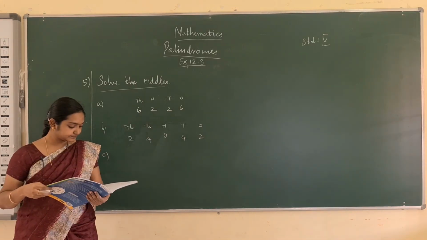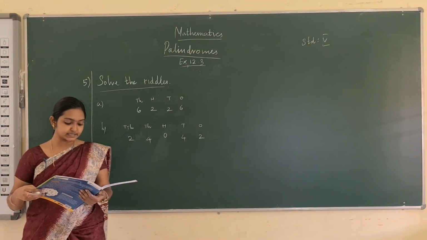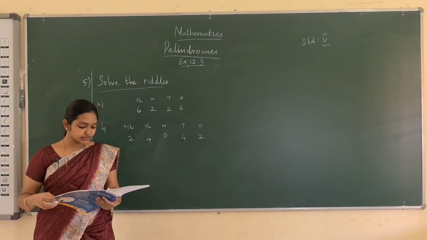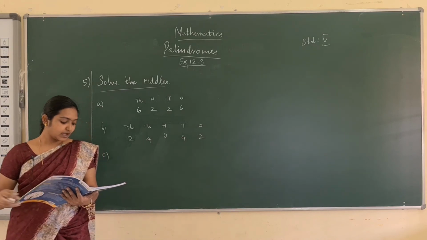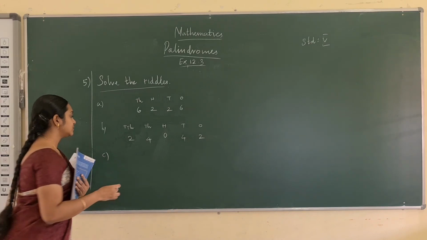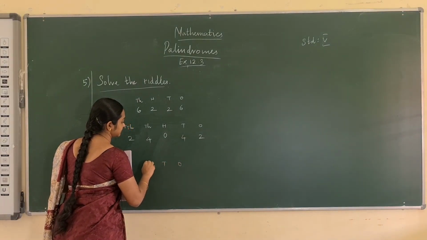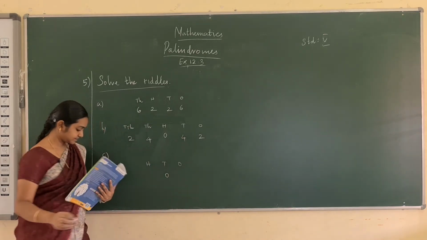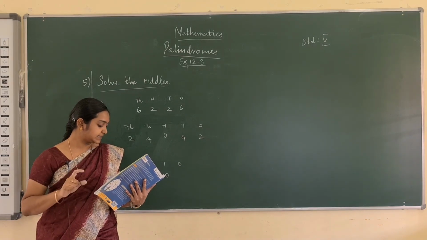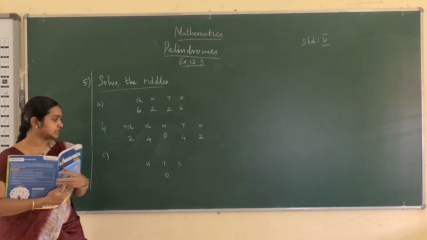Next C problem. I am a 3-digit palindrome with 0 in the tens place and an even number less than 3 in the ones place. What number am I? I am a 3-digit palindrome with 0 in the tens place. So we have to put 0 in the tens place. And an even number less than 3 in the ones place.